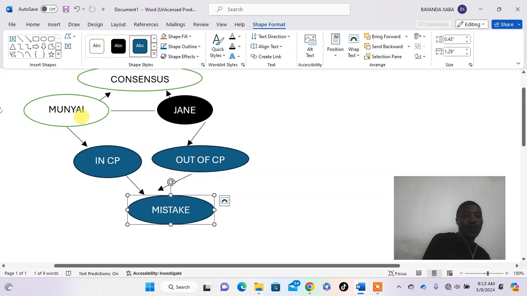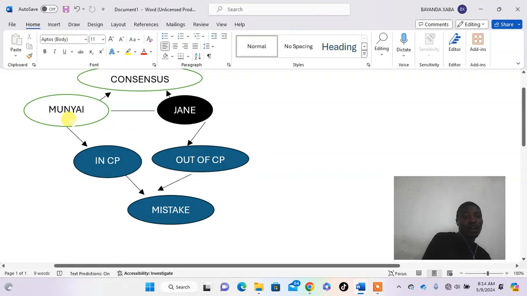Let's change the scenario a bit. Let's say Munyai manipulated Jane into thinking that she was getting married out of community of property, whereas they are getting married in community of property.